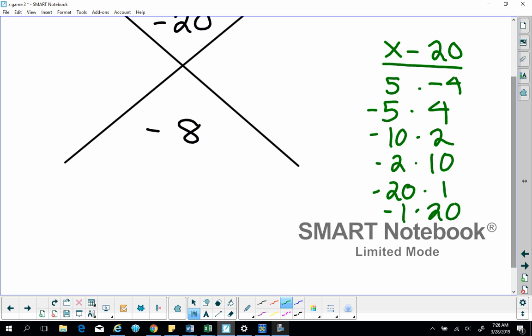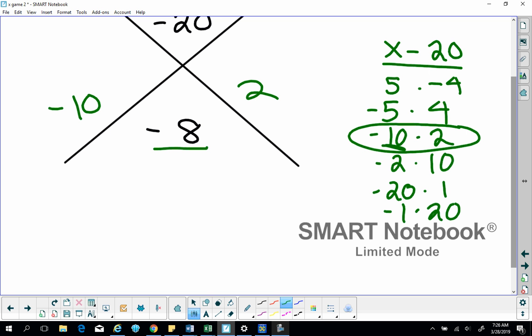You don't need to list these every time. If you're pretty good with your multiplication facts, you can just go ahead and do it. But this might help just to figure out, okay, now which one of these adds to -8? -10 and 2. And notice when we're adding to a negative, the bigger absolute value is usually negative.